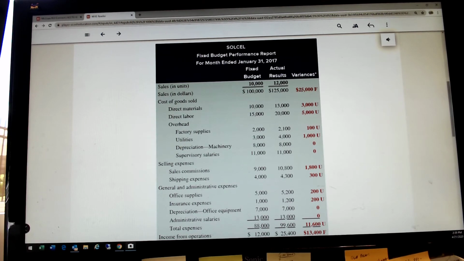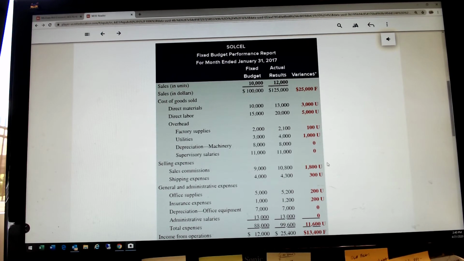Notice that there are no minus signs here. If we're over or under budget, we indicate that with an F for favorable or a U for unfavorable. It's favorable to be over budget on revenues, but it's unfavorable to be over budget on costs, so you have to use some common sense here. I actually sold 12,000 units, and the sales for those were $125,000.